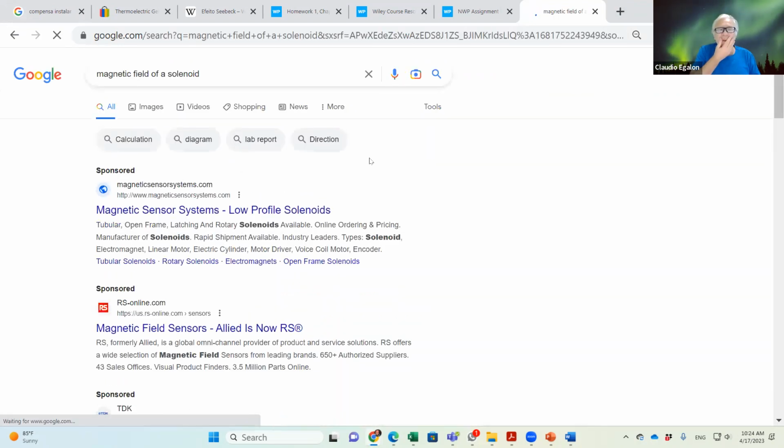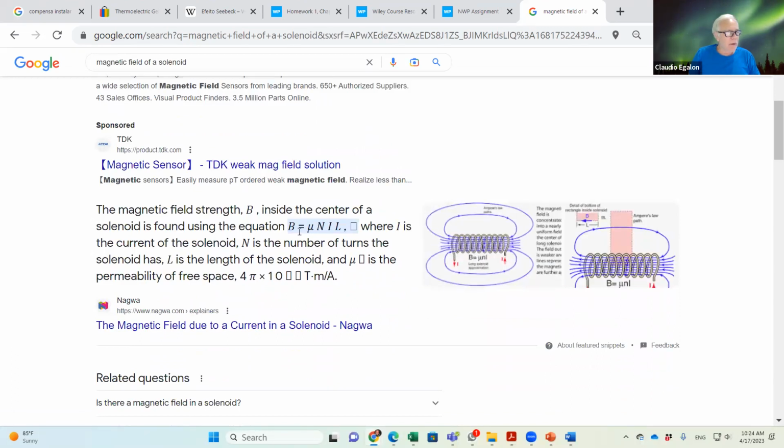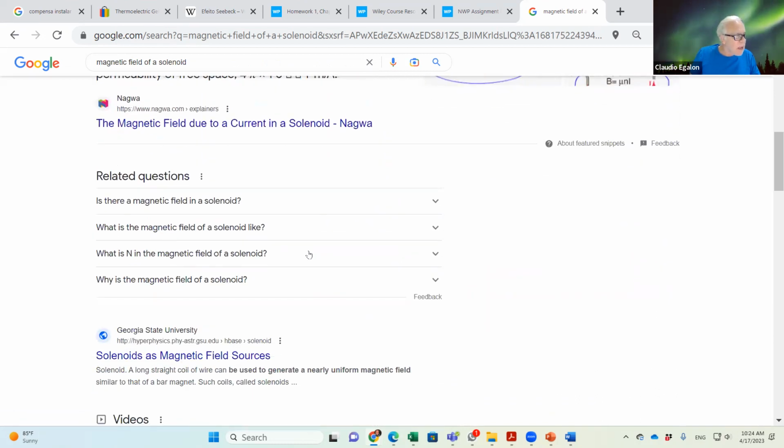What you cannot forget is that the magnetic field inside the solenoid is uniform. What's the equation? Here you go. I L, mu naught, N is the number of turns, right? It's supposed to be divided by L here. There must be a mistake in this one.